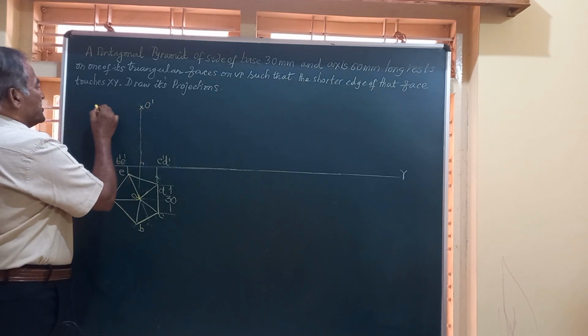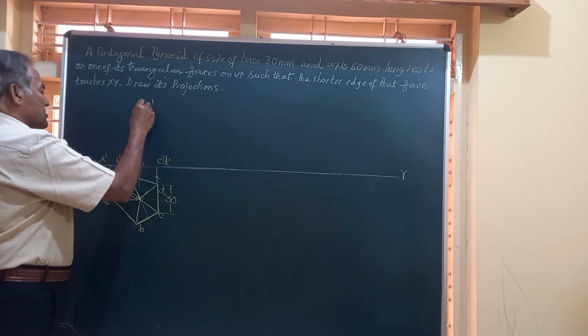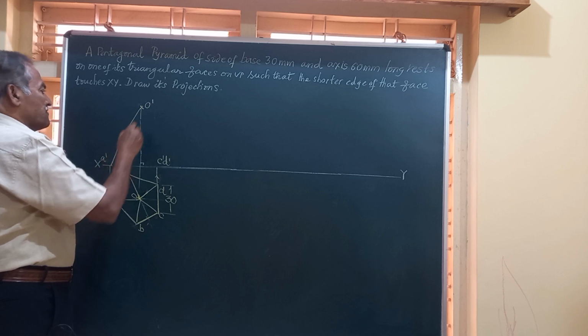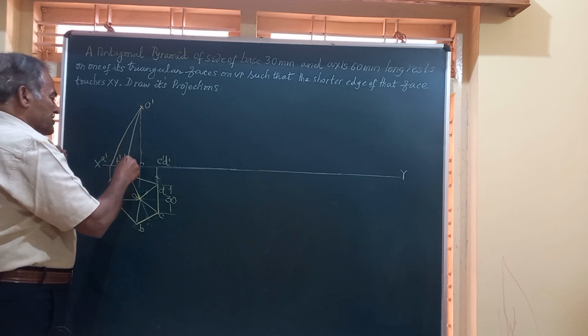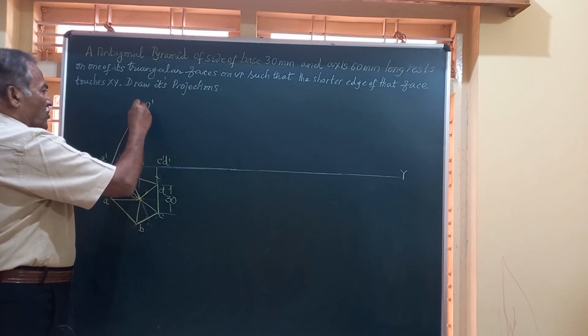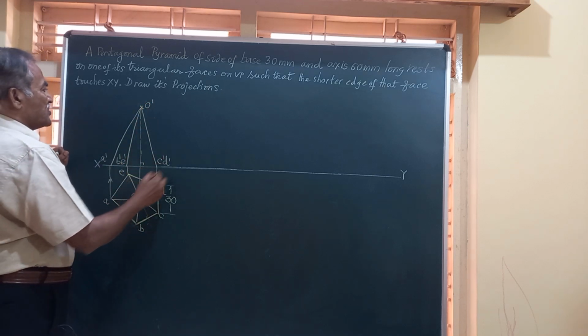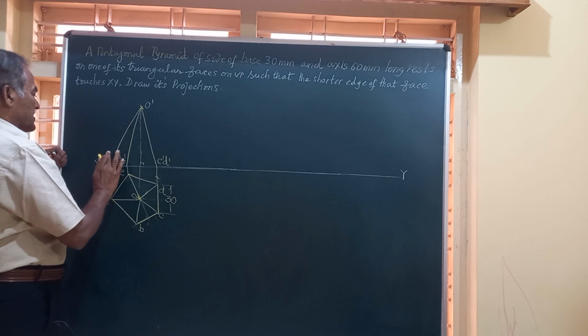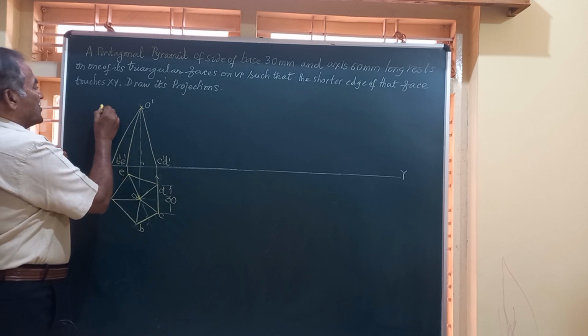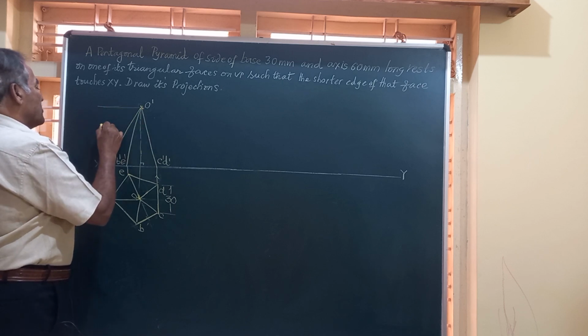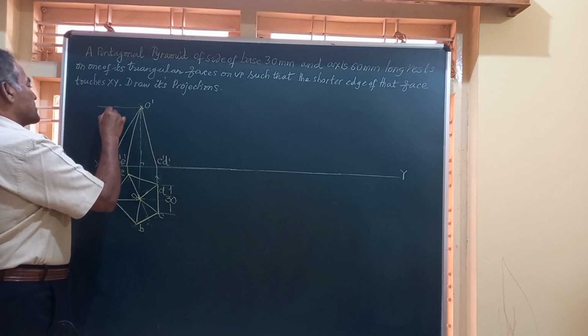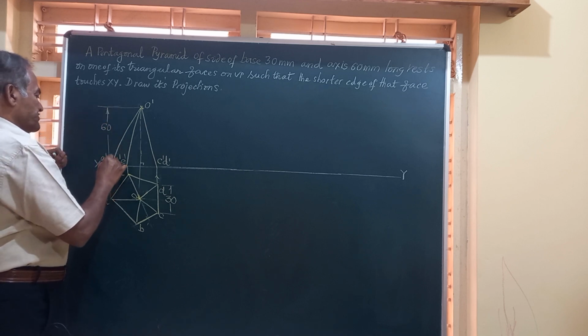Join this O dash to all these, that is O dash to A dash, O dash to B dash, O dash to E dash, O dash to C dash and O dash to D dash. So friends, this is how the pyramid looks in the front view. So this has got a height 60 and that has to be shown clearly.